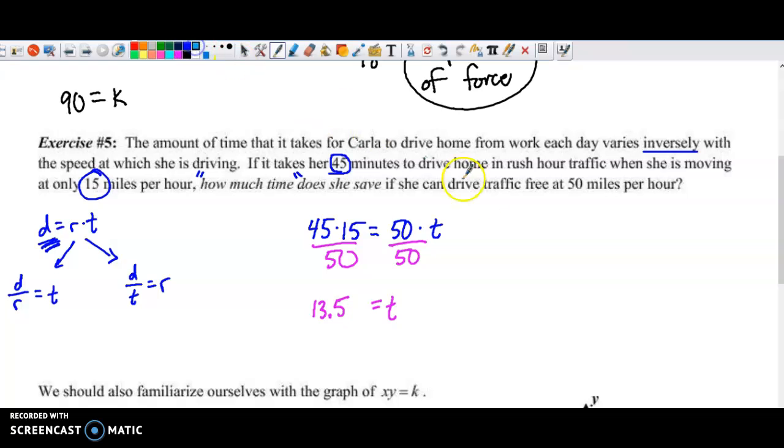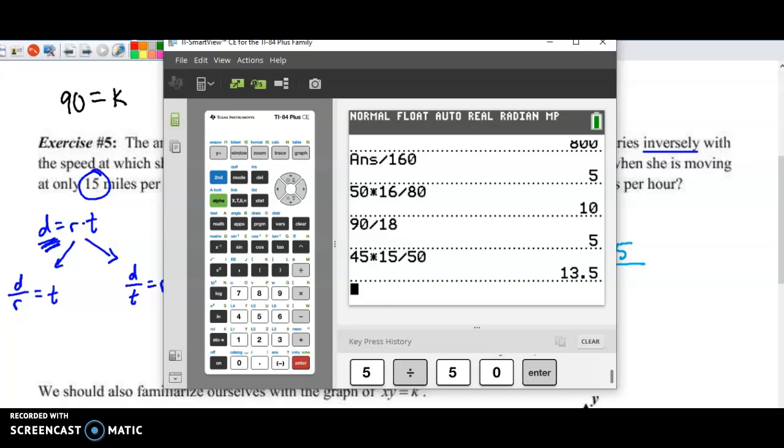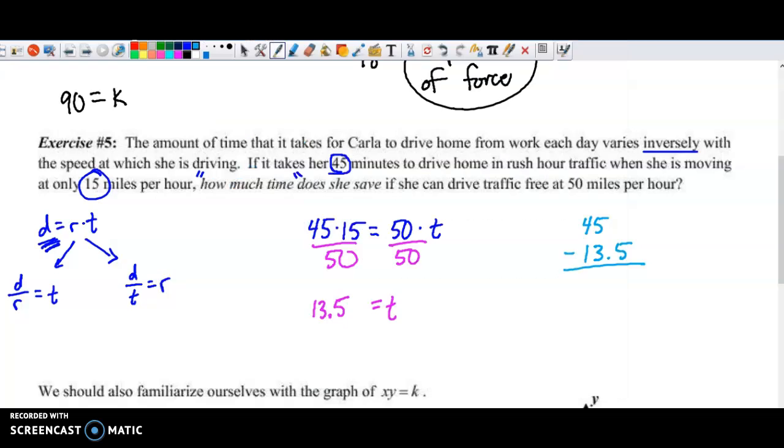So that's why I kind of went the easy route on explaining this, because typically it's 45 minutes when she's only moving 15 miles an hour. You have to subtract off that 13.5 that it would have taken if we're concerned with how much time she saves. And it's 31.5 minutes, so she gets home a lot faster.